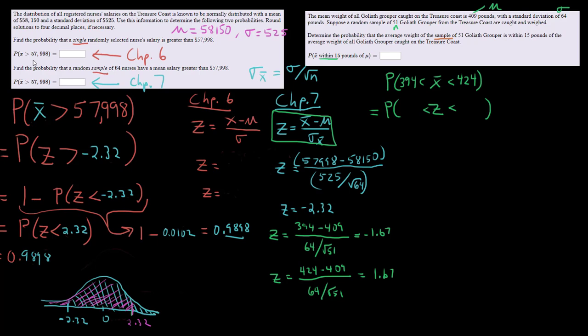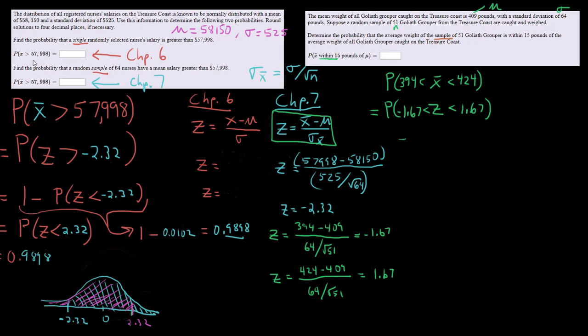Okay, so going over here now, we want to find the probability that z is between negative 1.67 and positive 1.67. This, once we convert to a z value, is precisely a Chapter 6 question.